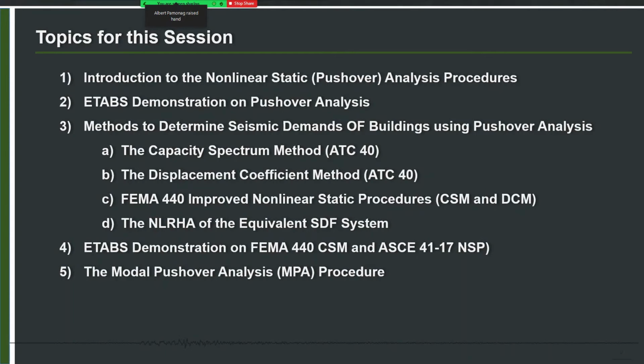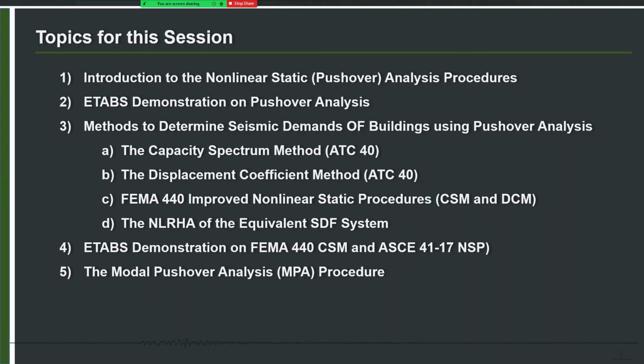The conventional first mode based pushover methods are only good for low-rise buildings because they only consider the first mode shape. But there are several multi-mode pushover methods which consider more than one vibration mode in the response, and they can be used for high-rise buildings which have contributions from higher modes as well.